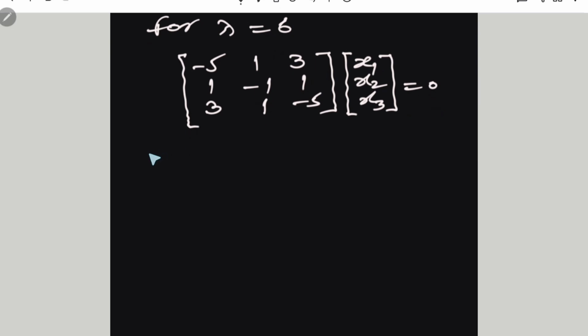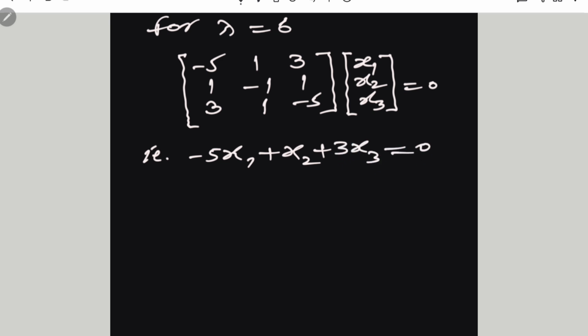Converting this into equation form, multiplying each row by that column, matrix multiplication is possible, and therefore we get minus 5x1 plus x2 plus 3x3 equals 0.